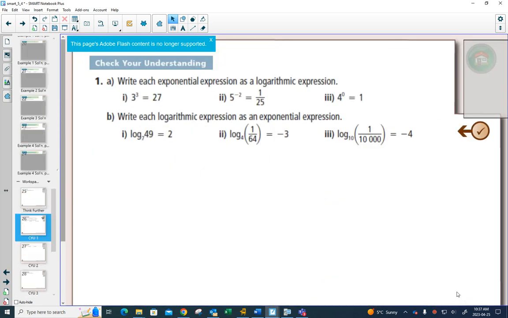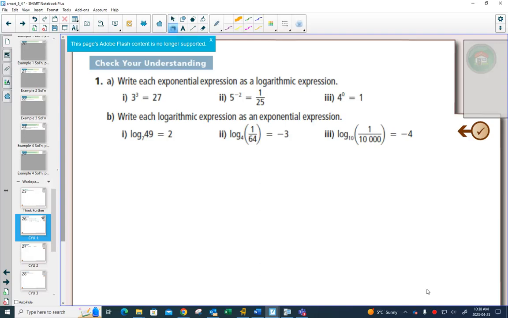All right, let's go to example 1, and now see how well you memorized it. I'm going to give you guys a head start. For 1a, take each of those and write them as a logarithm. And then for b, take each logarithm and write it in exponential form. All right, let's see how you did.